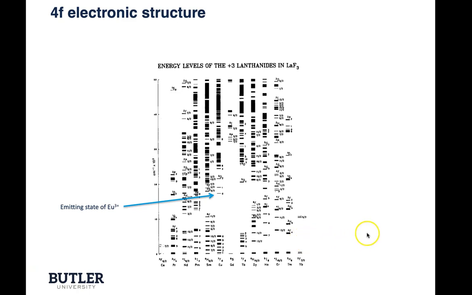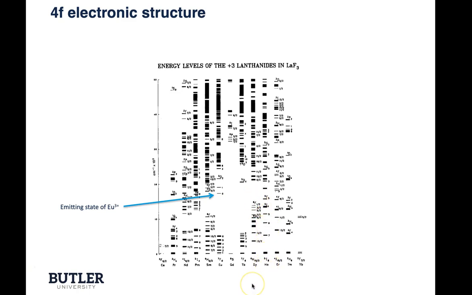And here we have an arrow pointing to the emitting state of the 5D0 of the europium 3+. The ground state is the 7F0, and so you can see it goes all the way up to 7F6. And with the terbium, the emitting state is a 5D4. I don't have an arrow to it, but it's just over here to the right.